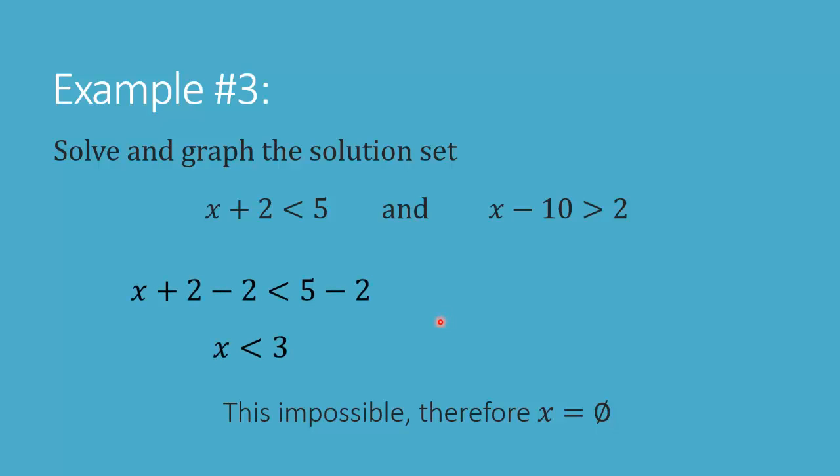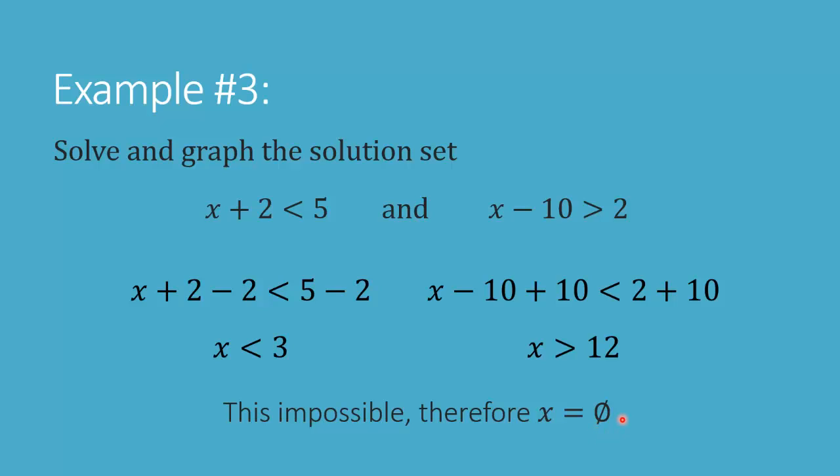So as we simplify both sides by subtracting 2 from both sides for the left one, adding 10 to both sides, we're looking for x is less than 3 and x is greater than 12. Well, any number that is less than 3, there's no way it can also be greater than 12. As you saw earlier, this is impossible. Therefore, x is empty set.